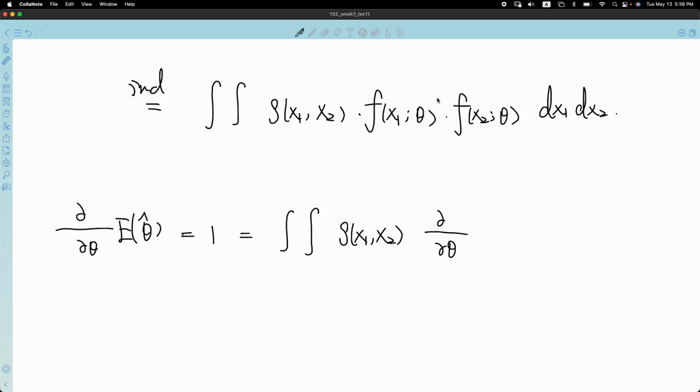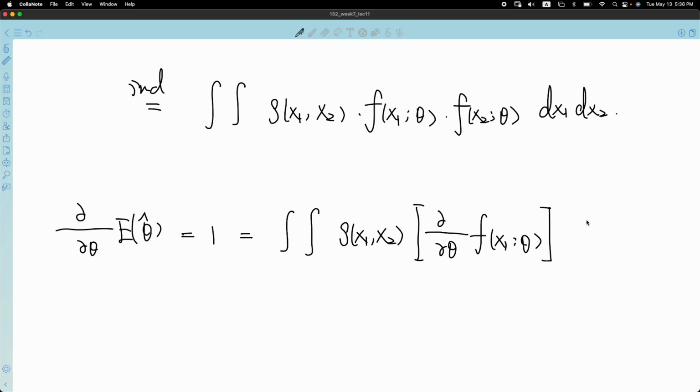Now we're taking the derivative of a product, so here we need to use the product rule. We take the derivative of the first function and multiply by the second, and then we take the derivative of the second function and multiply by f of x1, theta. Here you can use a square bracket to wrap this up.